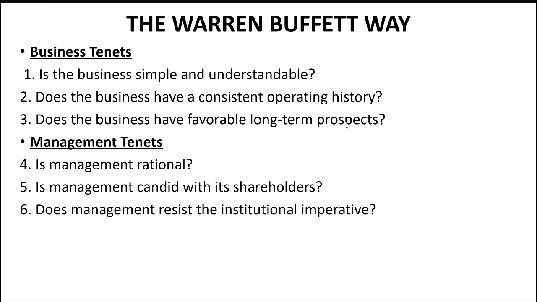Then the next principle is, does management resist the institutional imperative? Here, institutional imperative means the temptation to take certain foolish decisions. Like in yesterday's case study, Capital Cities ABC company under Murphy.